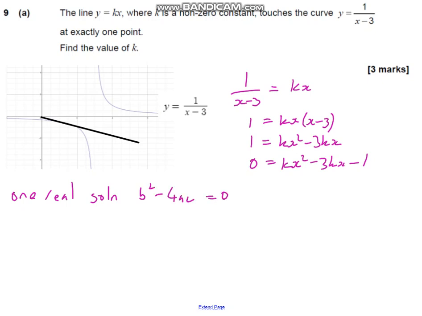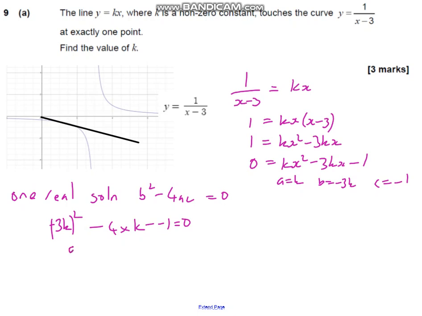And so in this one you obviously have a is equal to k, b is equal to minus 3k, and c is equal to minus 1. So if we sub all that into the discriminant, we've got minus 3k all squared minus 4 times k times minus 1 is equal to 0.